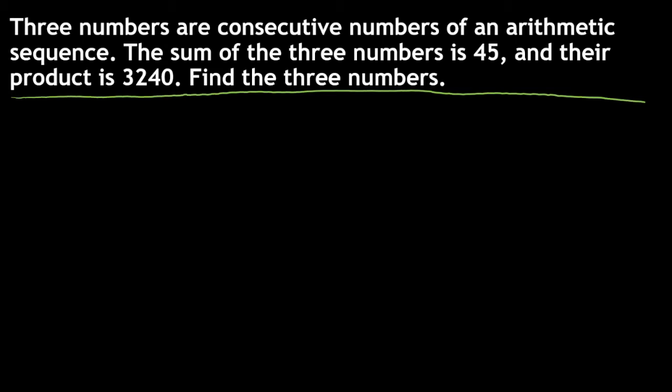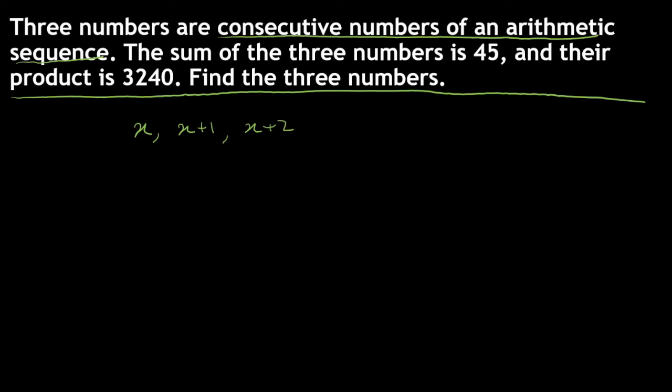But before I share that with you, I want you to think about it very intuitively, and I'll even talk through it. What this question is telling you is that they're consecutive numbers of an arithmetic sequence. Now, I should also mention that these aren't consecutive numbers. They're consecutive numbers of an arithmetic sequence. So what I mean is that we don't have x plus 1 and x plus 2.